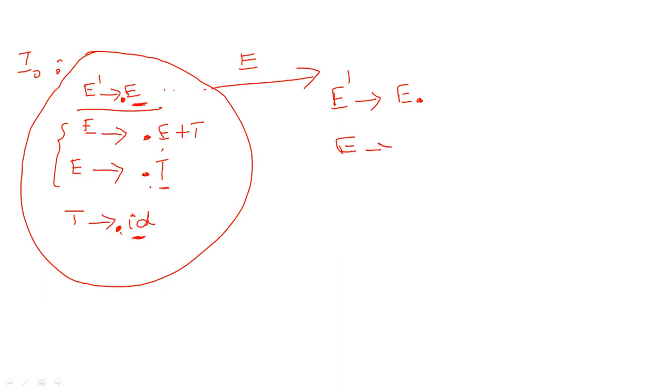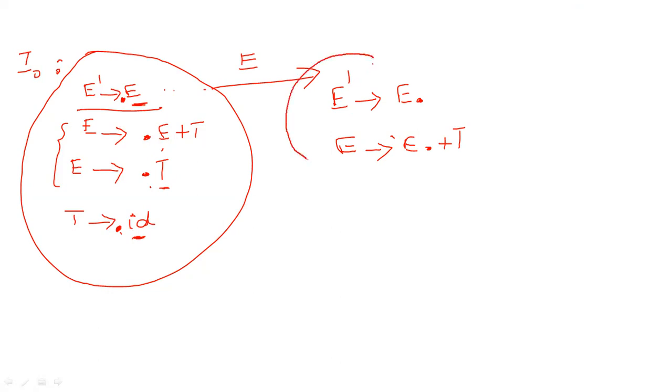E implies E dot plus T. Now the dot moves one symbol ahead.